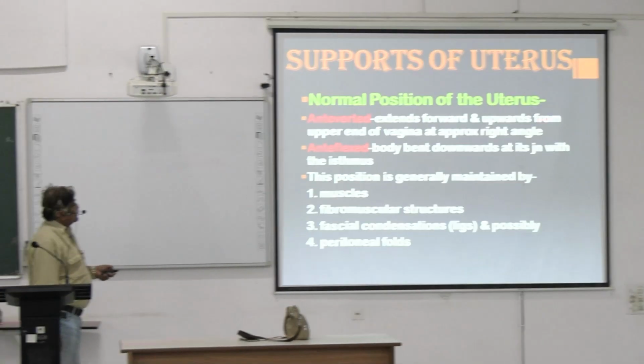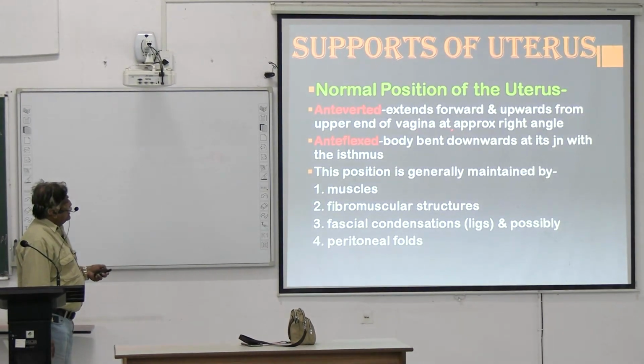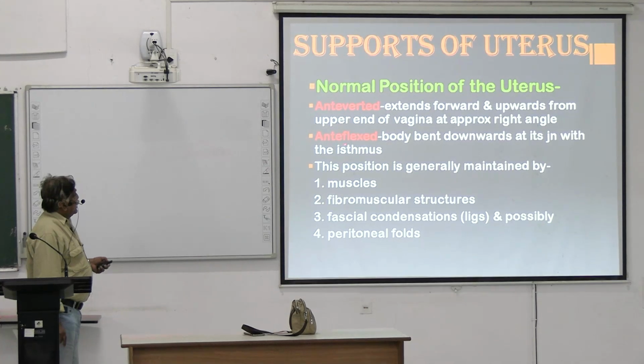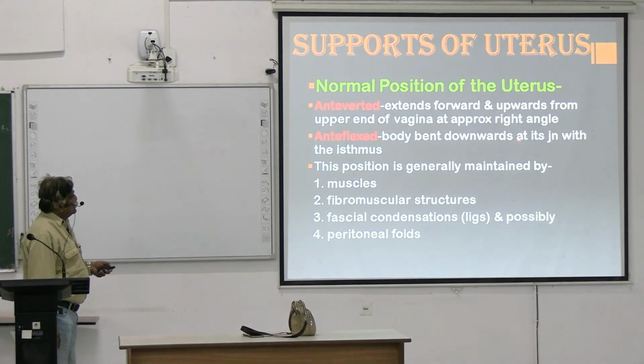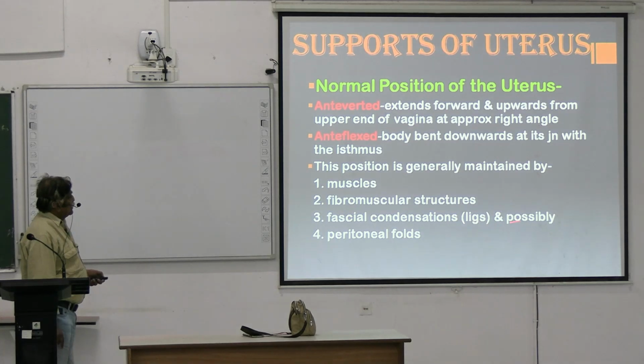Anteverted: extends forwards and upwards from the upper end of the vagina at approximately a right angle. Anteflexed: body bent downwards at the isthmus. This position is generally maintained by muscles, fibromuscular structures, fascial condensation, ligaments, and possibly peritoneal folds.